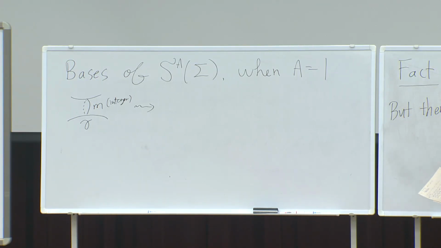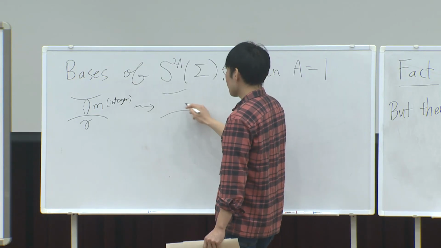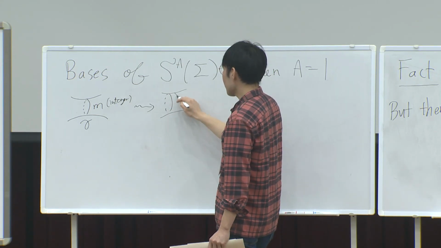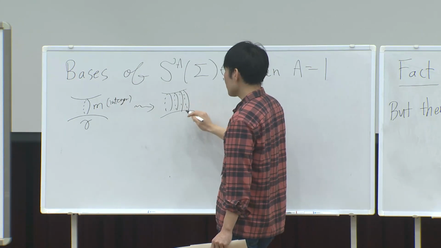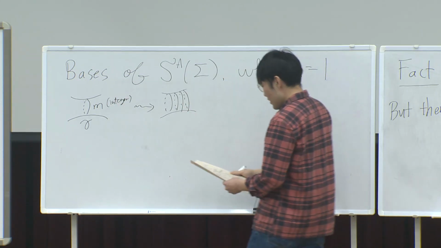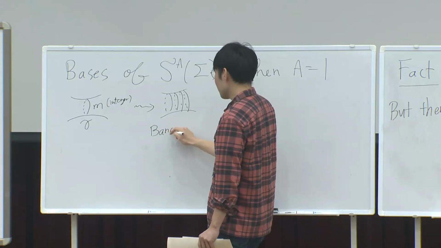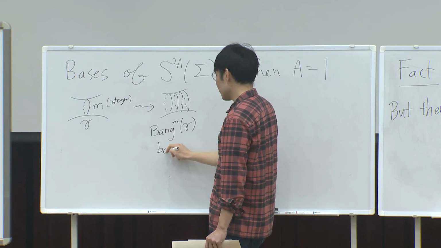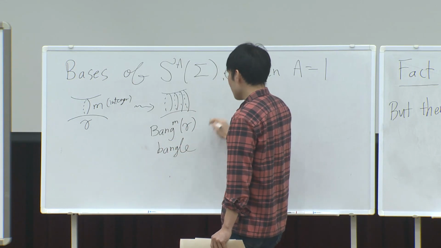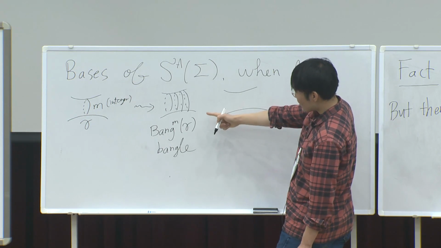One is just the bangles, so one way is just replace them by m copies of gamma, m parallel copies. So that's what we have seen before already. And I'll call it bang m of gamma. This picture is called a bangle. Other thing you can do is, so this is a case when m is 4.